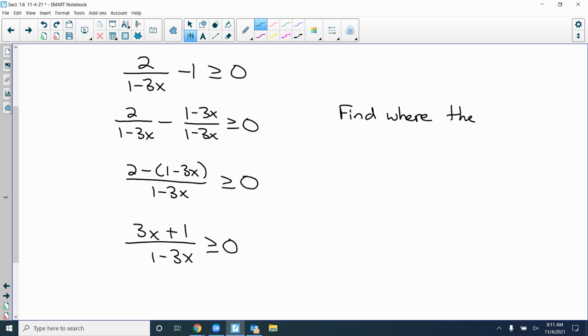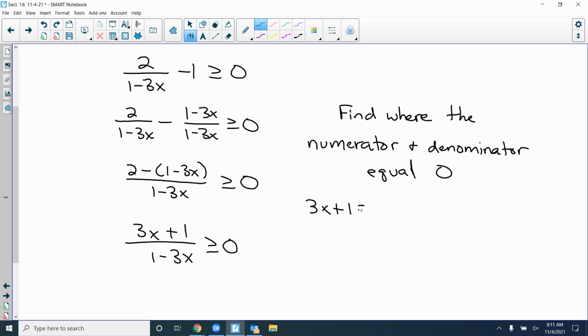The numerator: 3x plus 1 equals 0. They're very similar, obviously. That gives me negative 1/3, subtracting 1 and dividing by 3. The denominator: 1 minus 3x equals 0. That's going to give you positive 1/3.